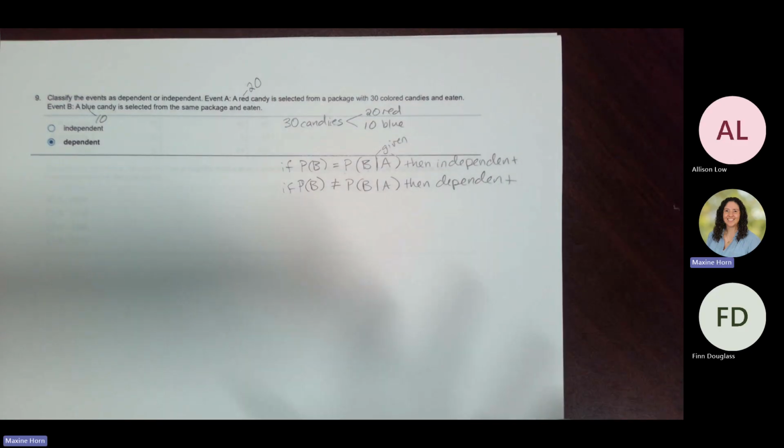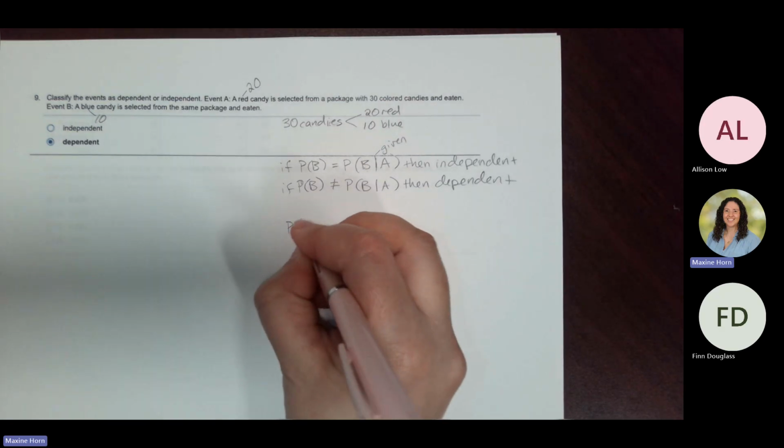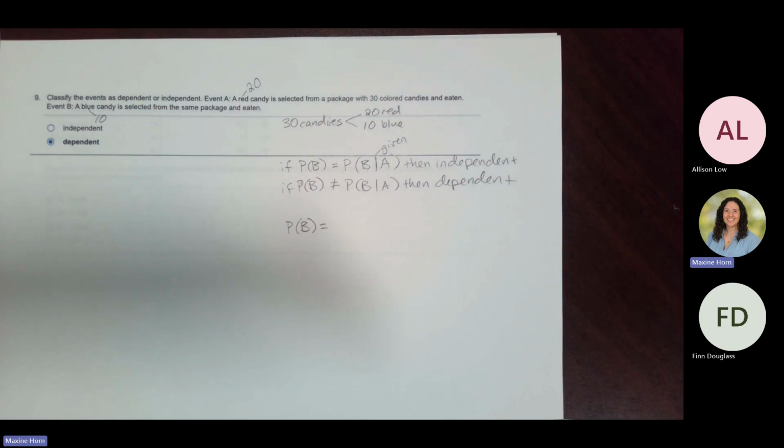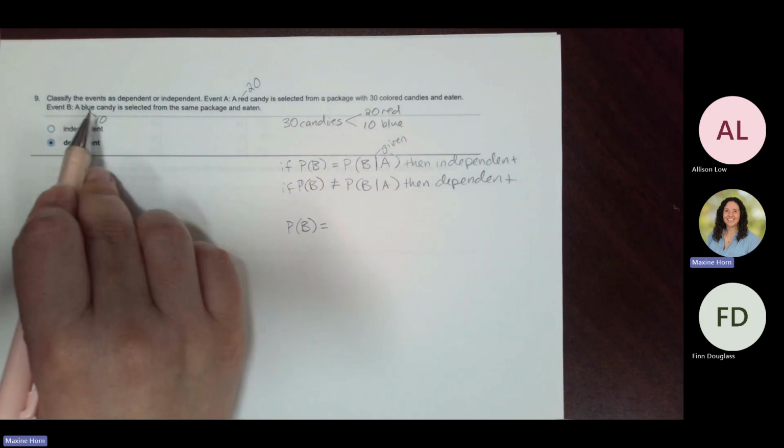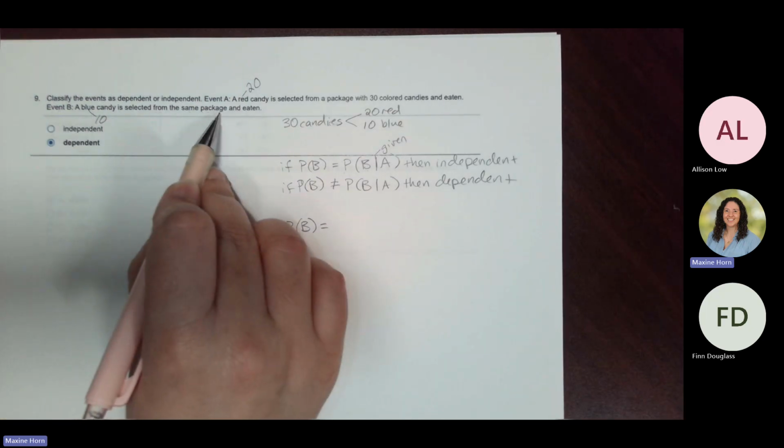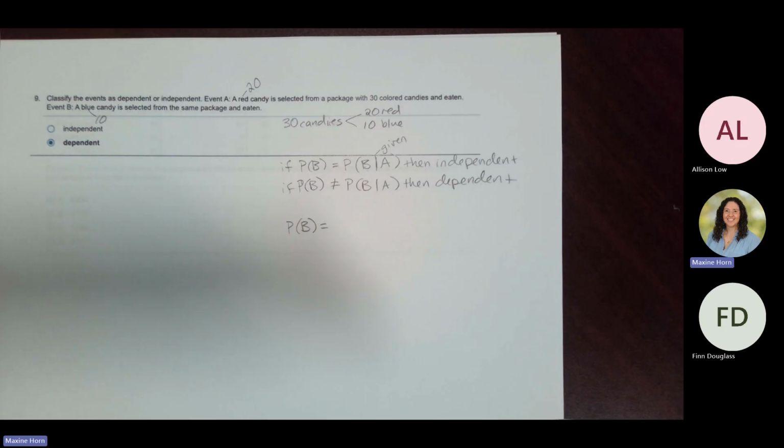So let's talk about what those things are individually. So the probability of B, just B, all on its own, forget about A, just the probability of B. Let's find that. So event A, we're going to ignore that. Event B, a blue candy is selected from the package, right? We're only talking about B. Okay, a blue candy is selected from the package. So we want the probability of that.